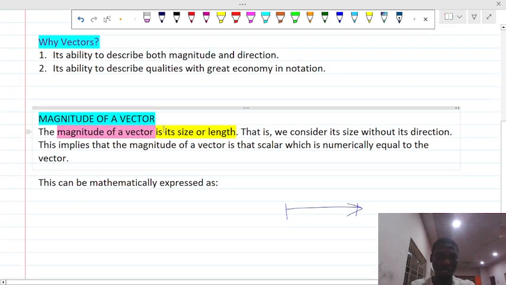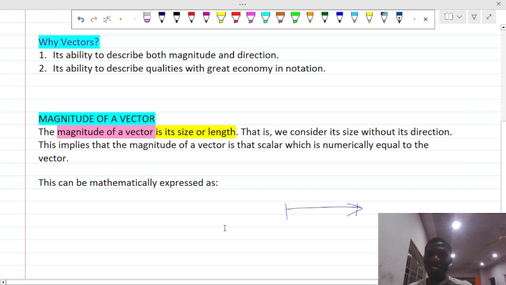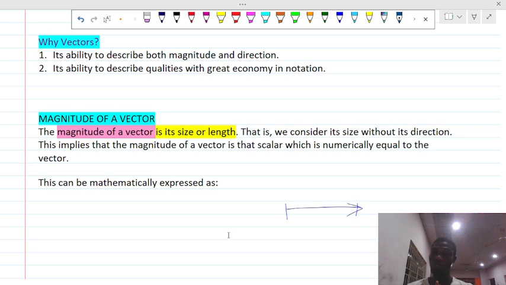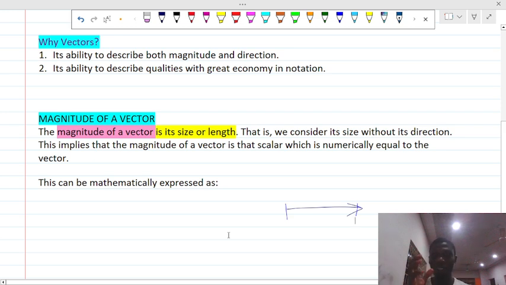So the magnitude of a vector is its size or length, that is, we consider its size without its direction. And considering only the size without the direction, this idea is the same as that of a scalar, because scalar quantities are those quantities that have magnitude but no direction.